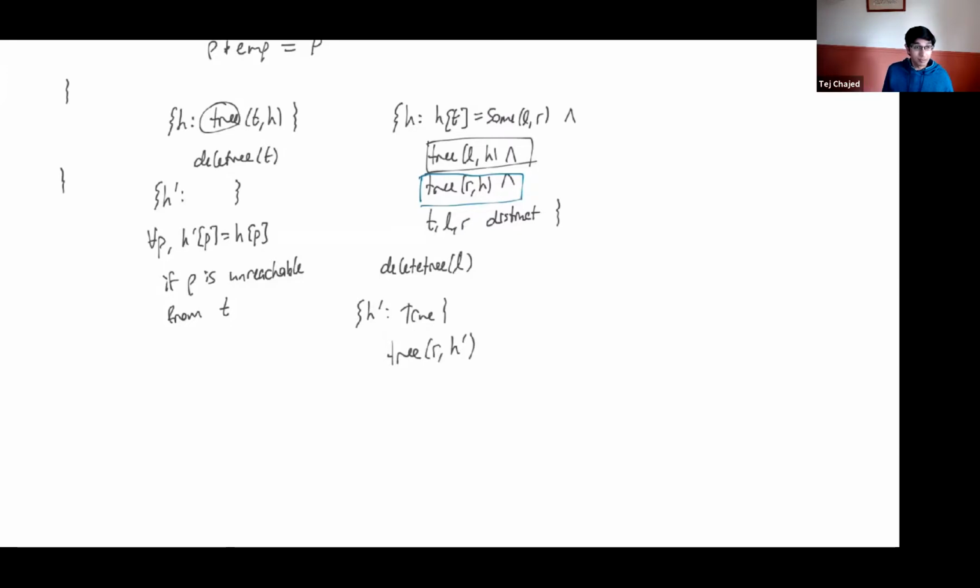We needed to specify that the memory addresses touched by the left subtree are disjoint, not just this fact, right? This is insufficient to do this proof. And we needed the specification for delete tree to promise that only the tree is getting touched, nothing outside.